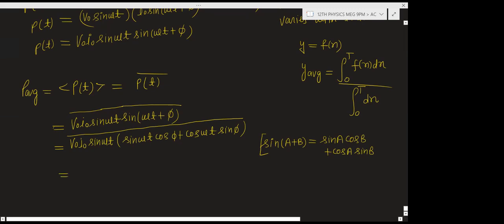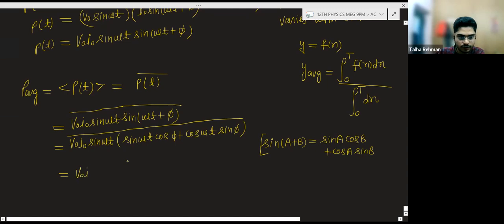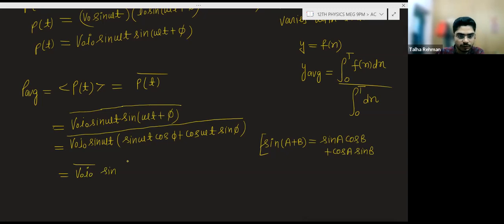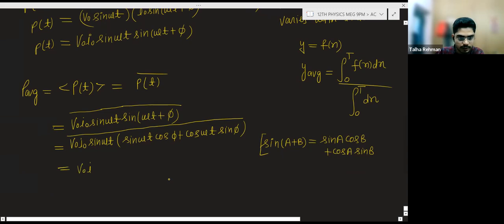Fine. So we can now take this bar like this, average of V naught and I naught, and we can write this sine omega t. We will do this thing in the last. So this is V naught and I naught. Now I will multiply this. This is sine omega t, this is sine omega t.